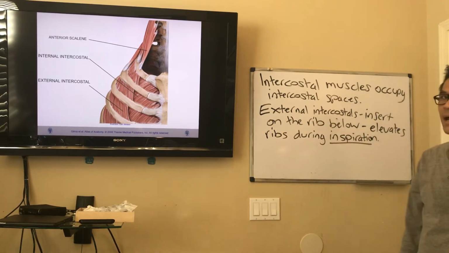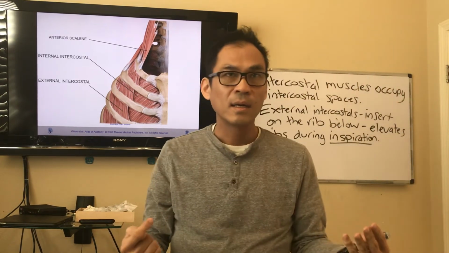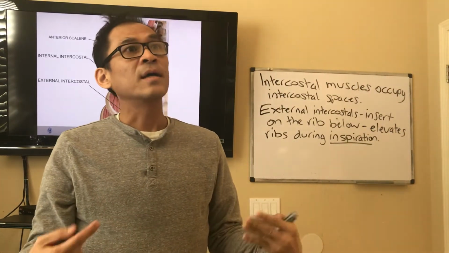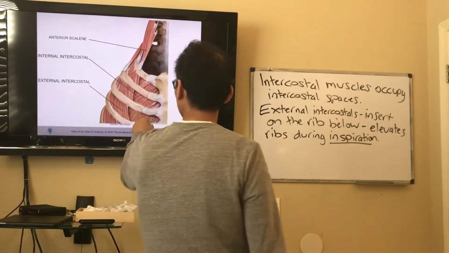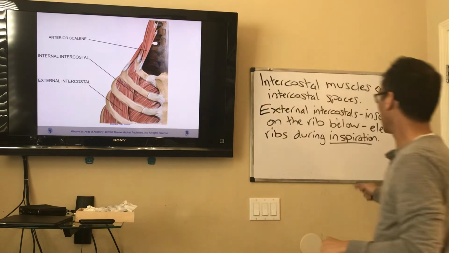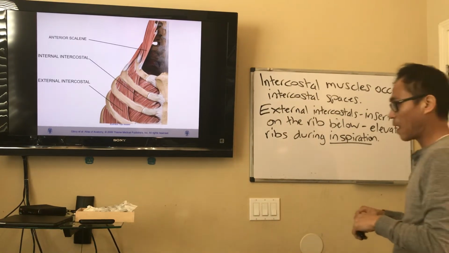Like when you're inspired, something goes inside you and you're inspired, taking a breath in, inspiration, the air goes in. So then the internal intercostals help to depress ribs during expiration, a breath out.